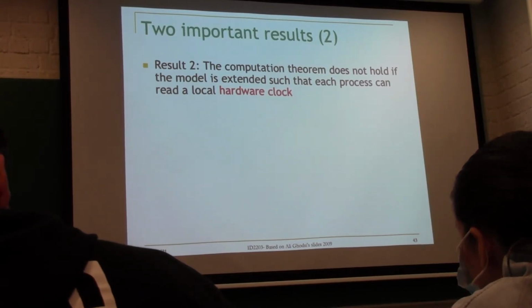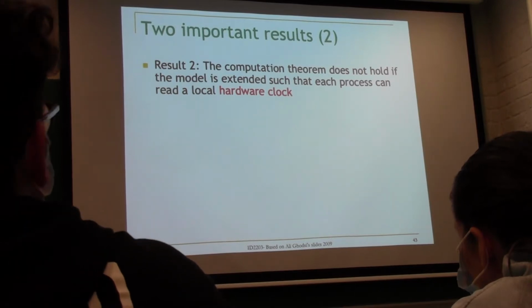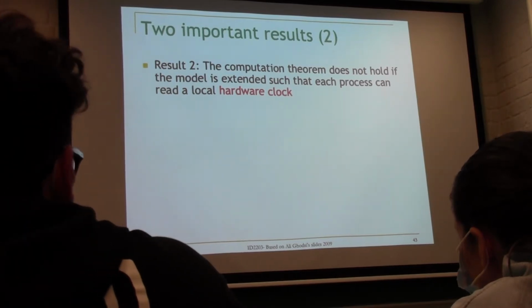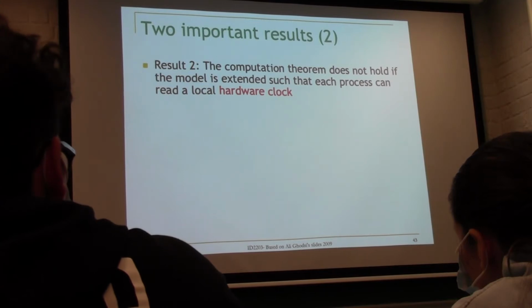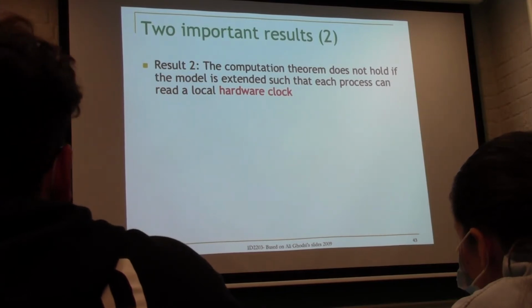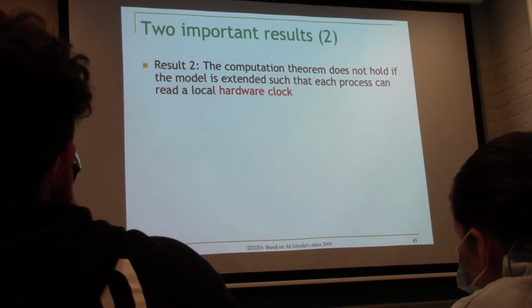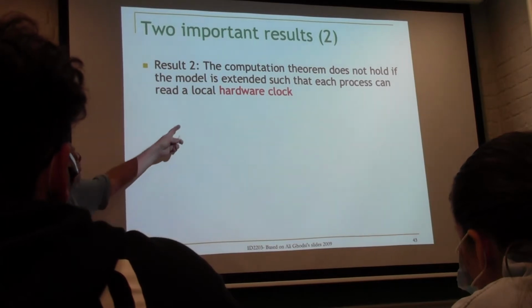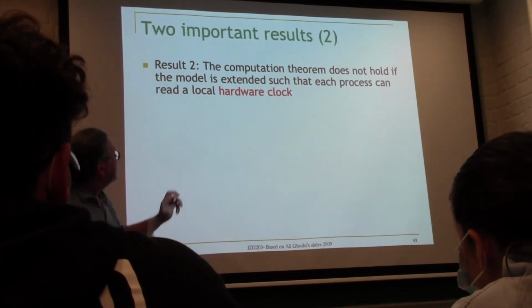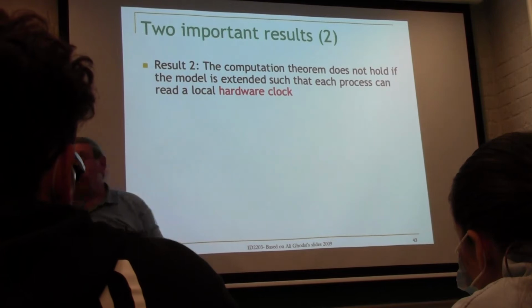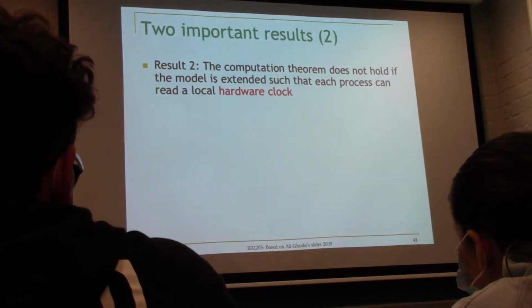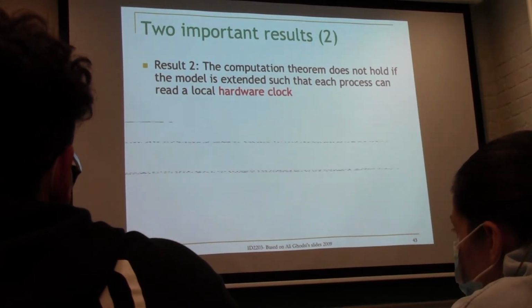So in the model we defined, there's no hardware clocks or anything like that. It's just a sequence of events. So that's basically correct. If you want to see the order of events, you have to add something like a hardware clock. If you add a hardware clock on each node, then you are no longer in the model. Okay?